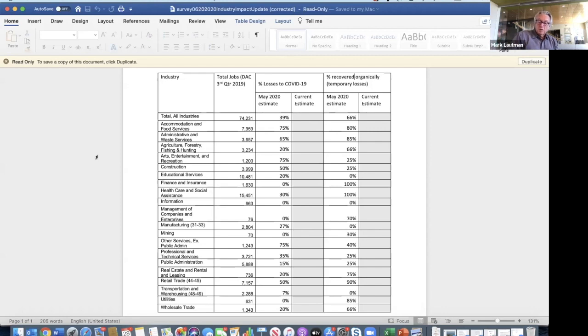Because you have all these service businesses under duress that normally weren't part of your BR&E campaign. You're just looking at your economic base employers. Now you've got your service sector crashing, and you've got to go out and find all the businesses that are trying to hang on, want to open back up, and separate them from the ones that are giving up and going to close down, and try to save them. So we're going to hear more about that from Eric and JJ on Friday.